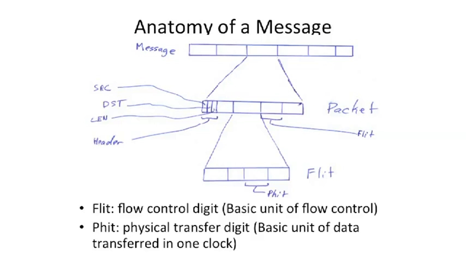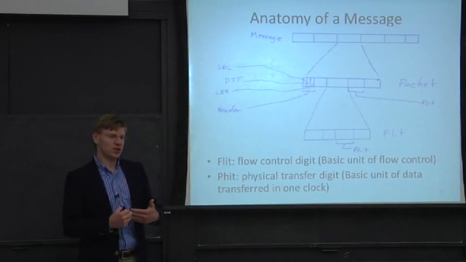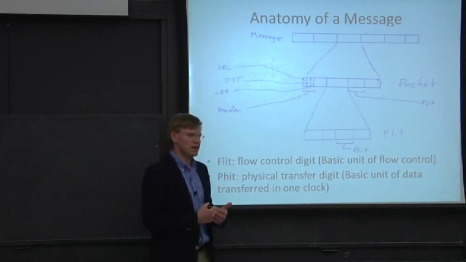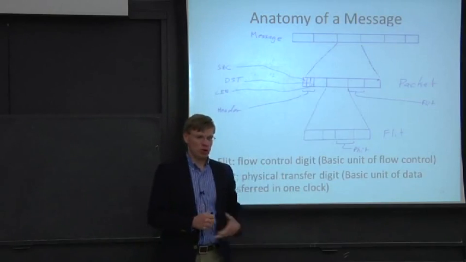Some networks actually have bits that say the packet is being completed now. And our packet can be made up of multiple flow control digits, or flits. A flow control digit is the minimal amount of data which can be flow controlled upon a particular link, or the minimal amount of data which is accounted for, if you will.